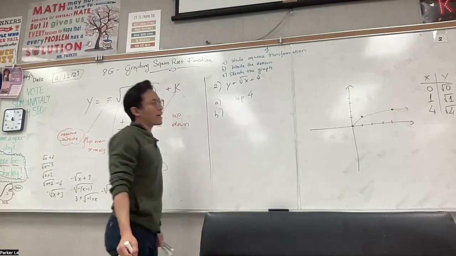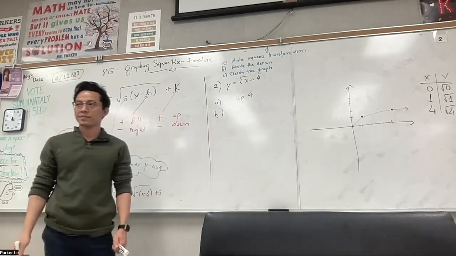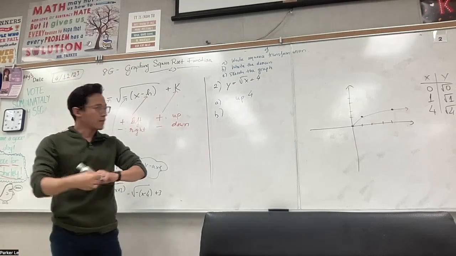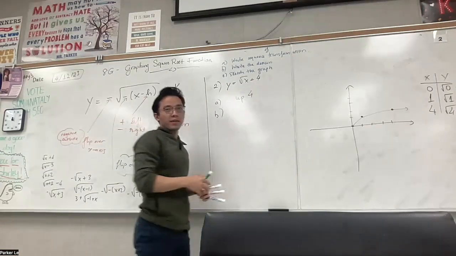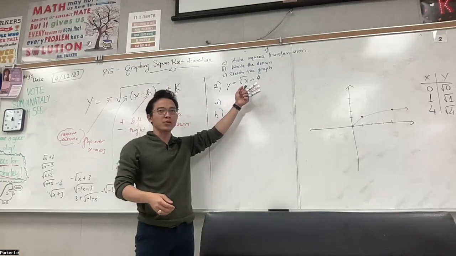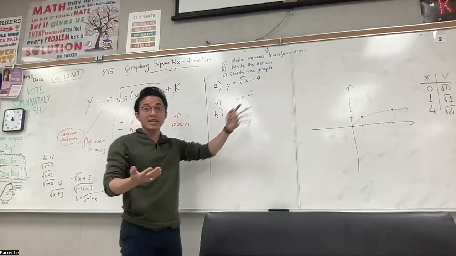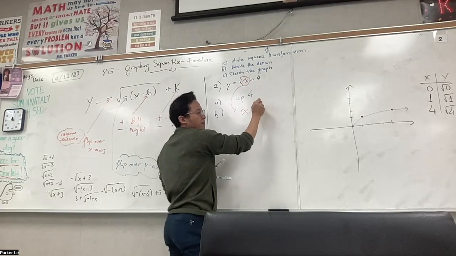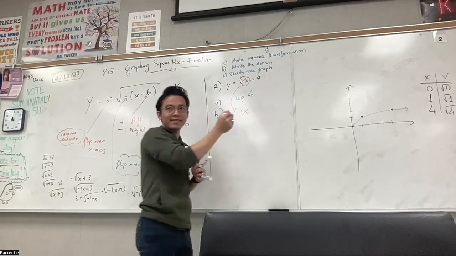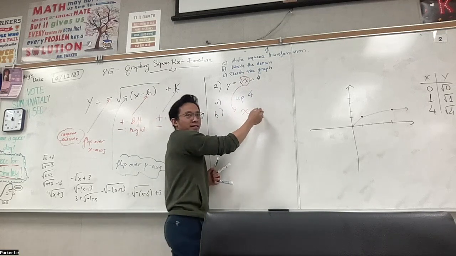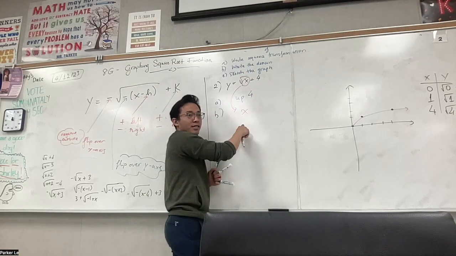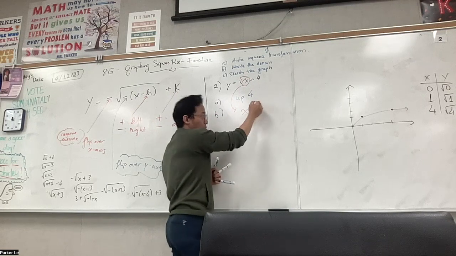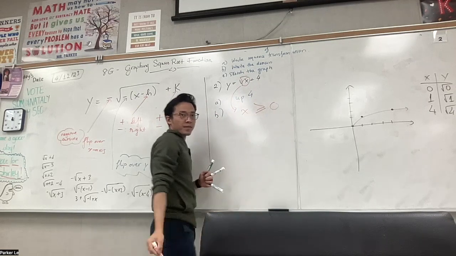Second part, you're going to write the domain. What is the domain? Does it do anything with the 4? Or does it just do with the inside square root? Only inside square root, right? So inside square root needs to be what? X needs to be greater than or equal to 0, right?